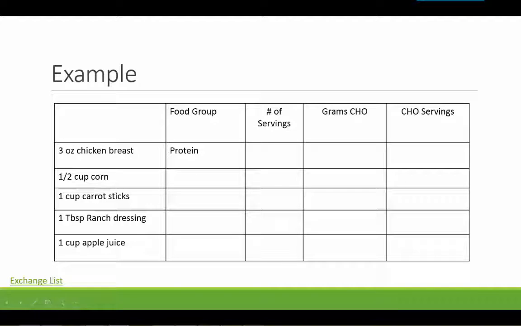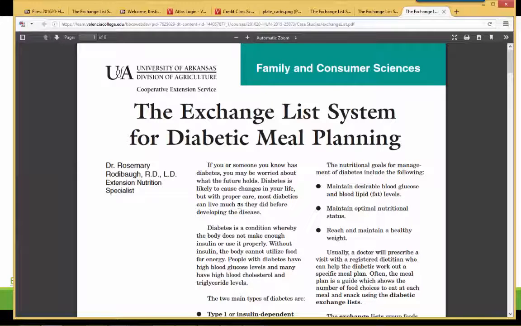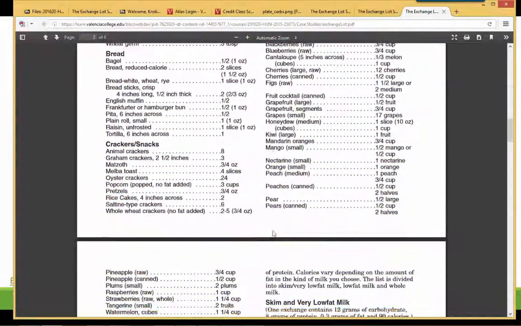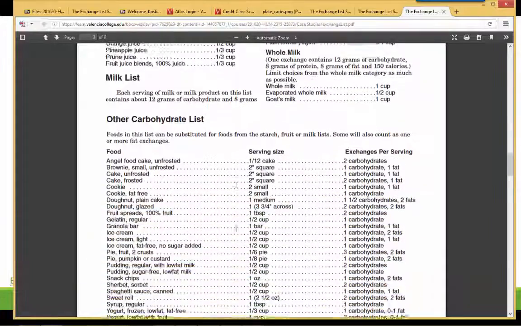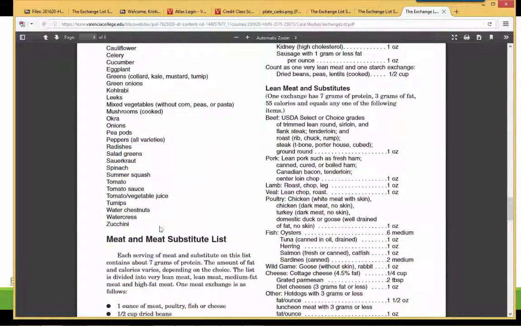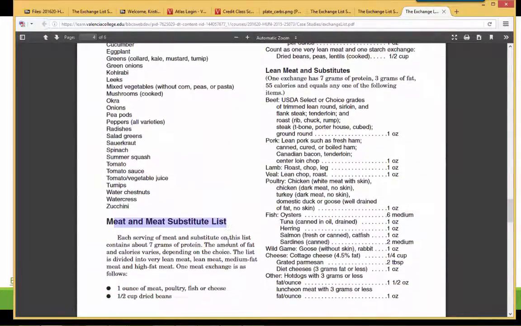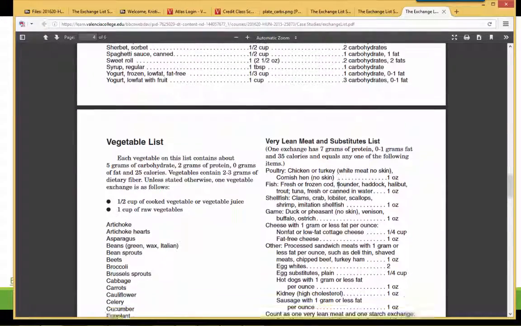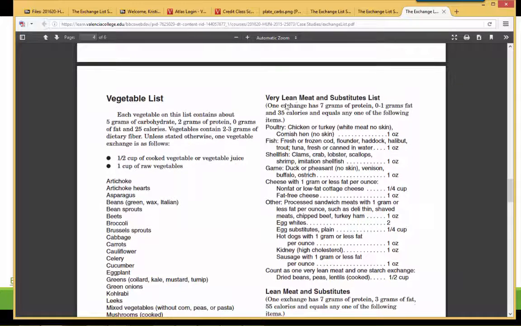So we go to our exchange list, and we go to the meat group. And meat starts here at the bottom, meat and meat substitute list. It's divided into very lean, medium fat, and high fat meat sources.